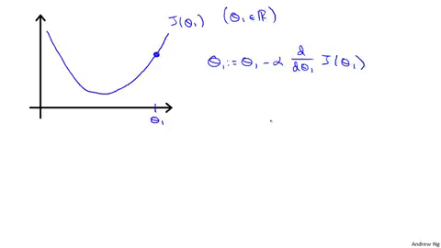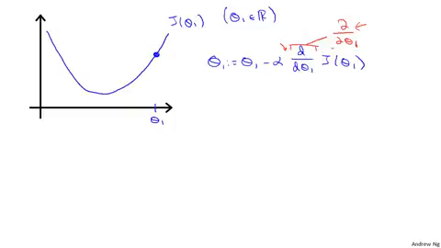And as an aside, if you're wondering why I changed the notation from these partial derivative symbols, if you don't know what the difference is between these partial derivative symbols and the d/d theta, don't worry about it. Technically, in mathematics, we call this a partial derivative and this a derivative, depending on the number of parameters in the function J. But that's a mathematical technicality.